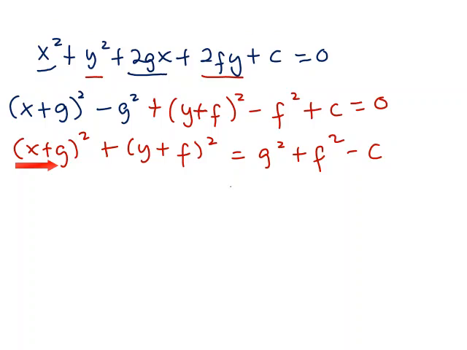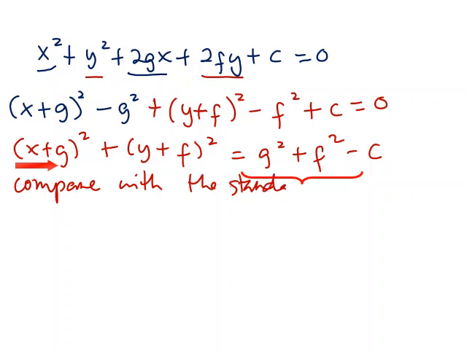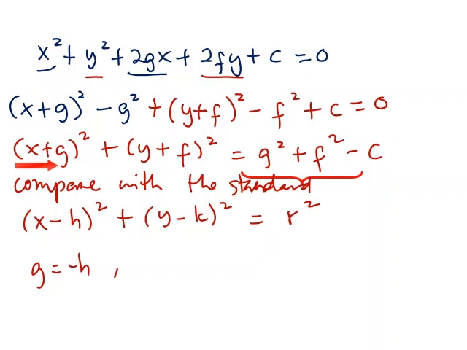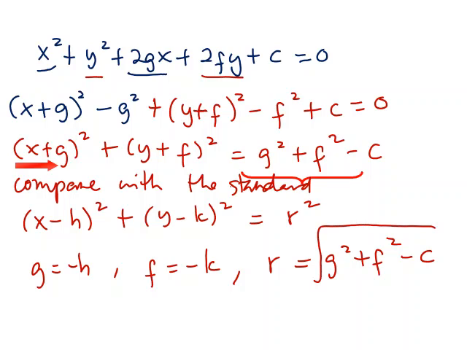Now we can see from here, if you compare with the standard equation, (x - h)^2 + (y - k)^2 = r^2, that your g equals negative h, your f equals negative k, and then your r equals the square root of g^2 + f^2 - c.